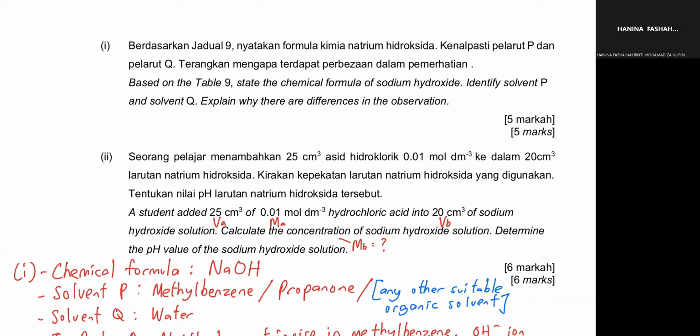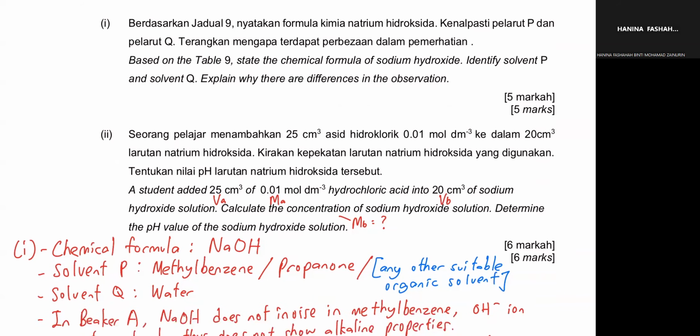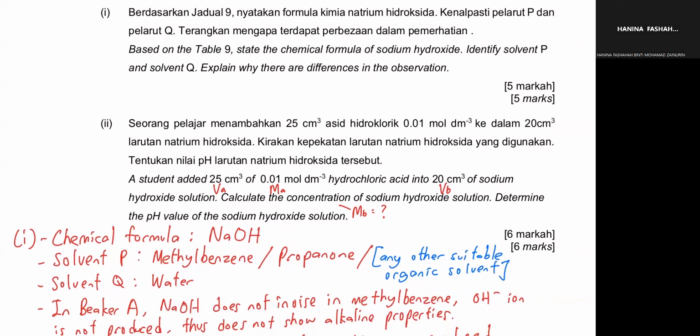Then what they ask: why there are differences? So you can say in beaker A, NaOH does not ionize in methyl benzene, so OH minus is not produced. Because remember, only water is able to show the acidic or alkaline properties. So they will not ionize.